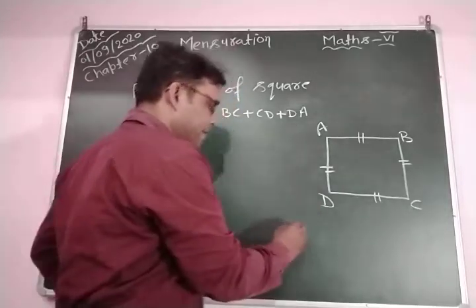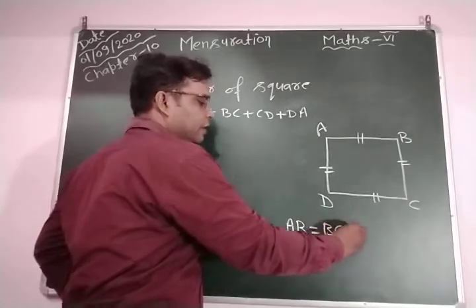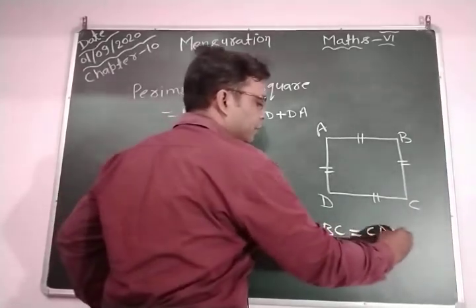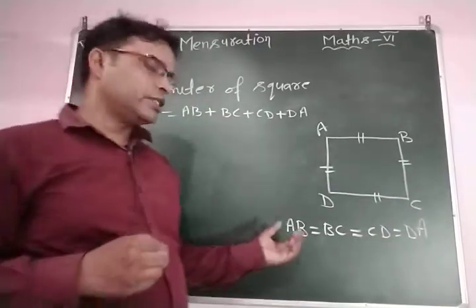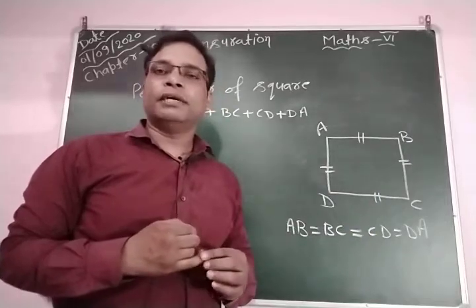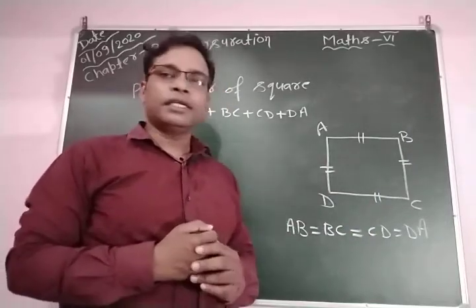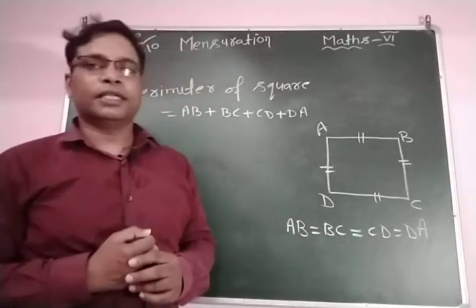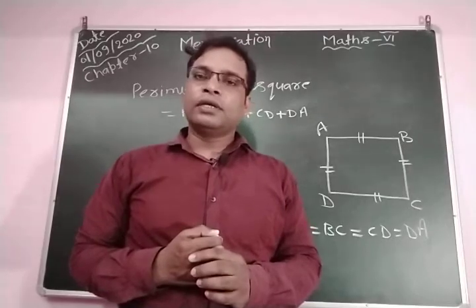Each angle in a square is 90 degrees, and the diagonals of a square are equal.